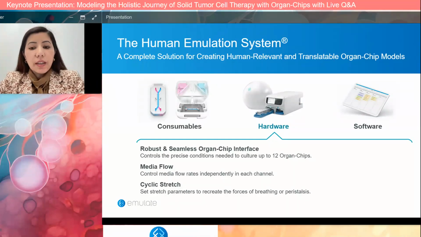You can see here the Zoë that sits inside the incubator and can house up to 12 chips. And this is called the Orb. It sits outside of the incubator and is used for gas exchange. And this can basically serve four Zoës.